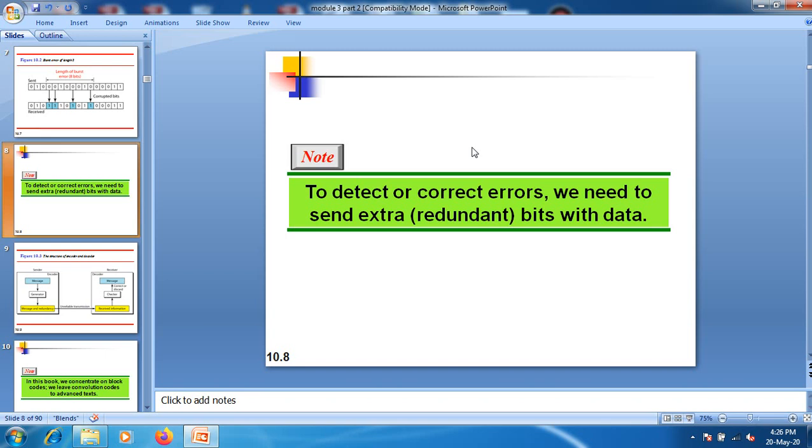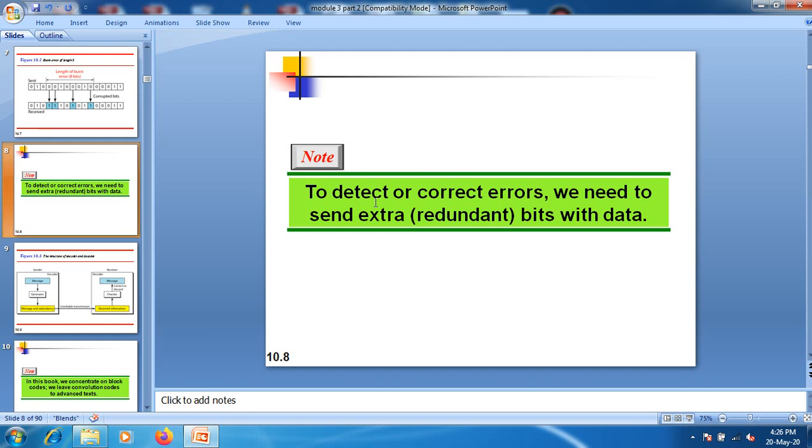Here we are very much interested in detection and correction. In detection, we are interested in whether the received information is corrupt or not, and the answer is yes or no. If the received information is corrupt, the answer is yes. If it is not corrupt, we simply come to the conclusion of no.